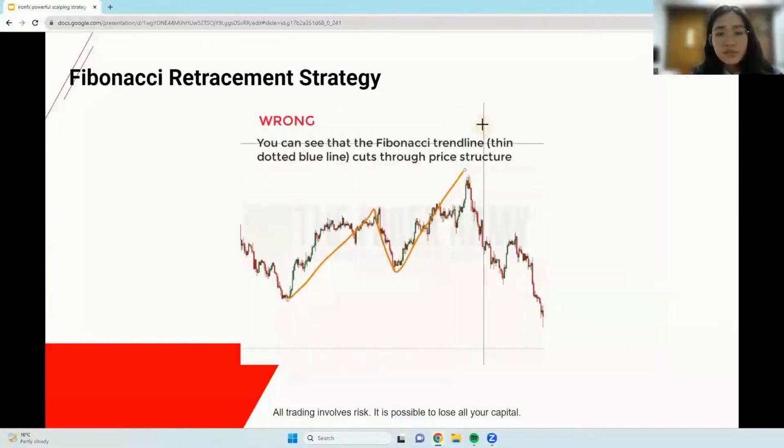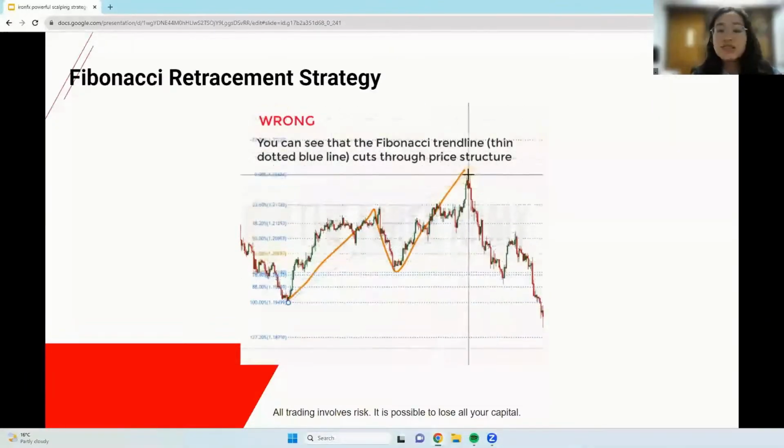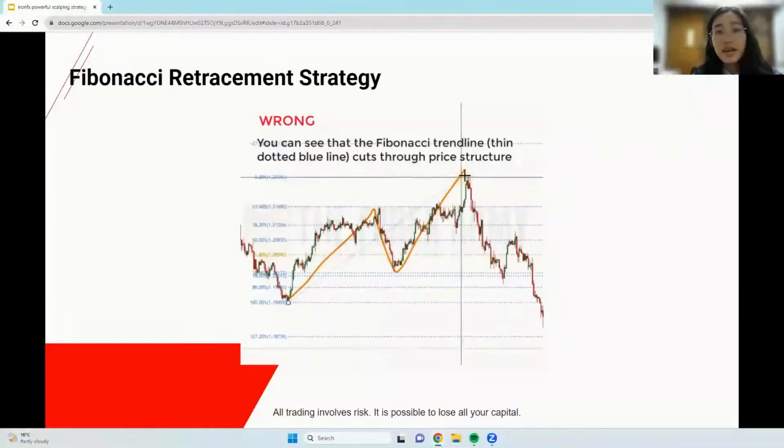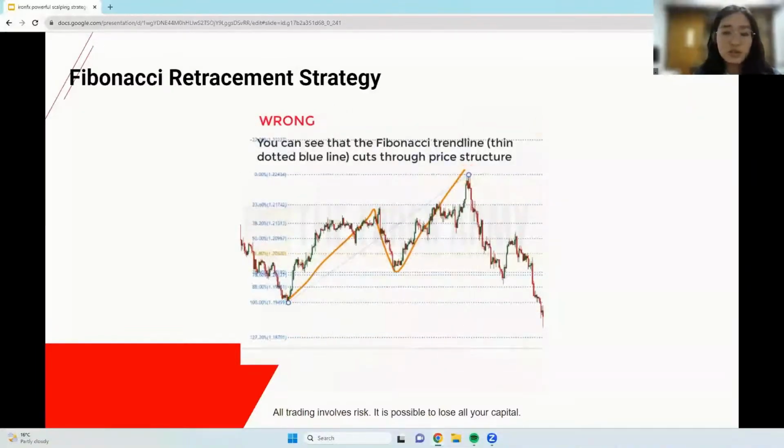Another reminder: when you're drawing Fibonacci retracements, projections, extensions, or expansions, whichever you are doing, there's one important rule that you have to follow, and it's that your Fibonacci line must follow price structure. Your trend line can deviate from structure, but not by too much.